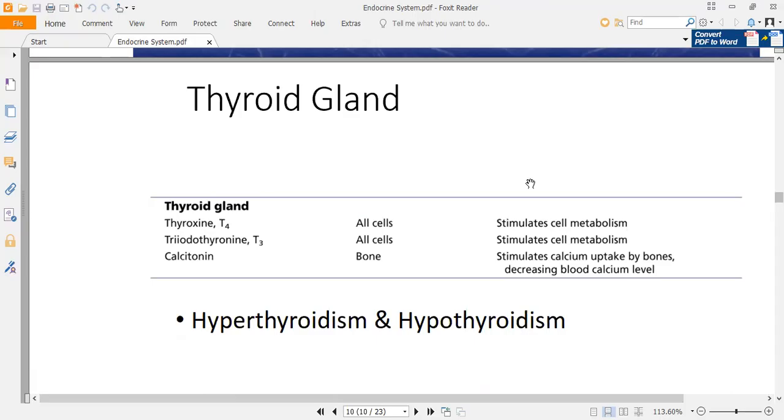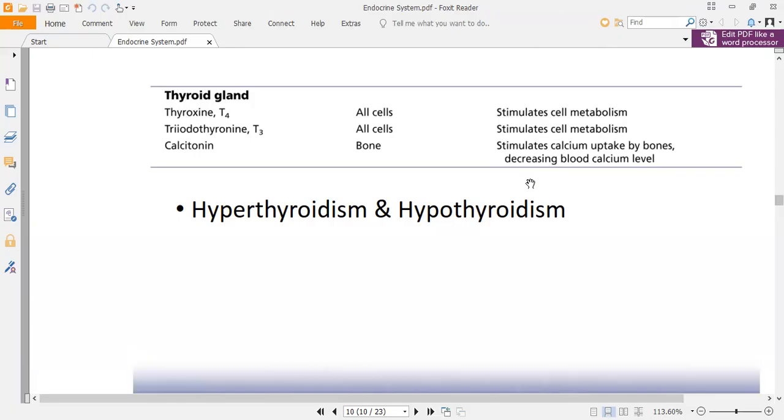There's also calcitonin, which targets the bones, stimulates calcium uptake by bones and decreases blood calcium levels. We will talk about it under calcium and bone metabolism. Then there's also hyperthyroidism and hypothyroidism. We'll talk about these as we go further.